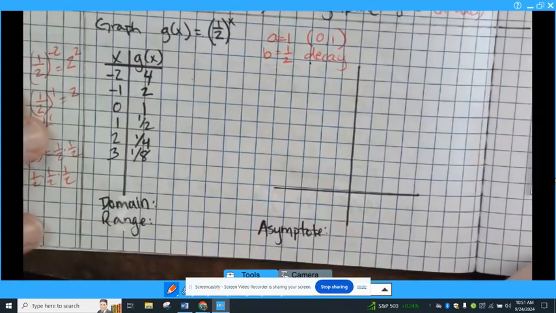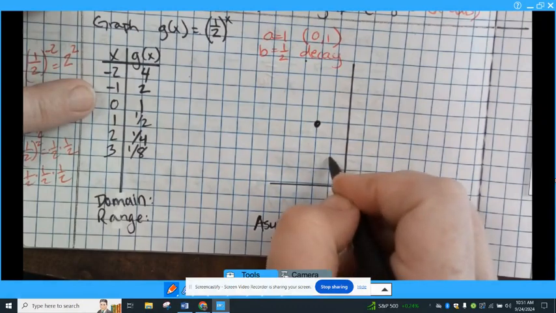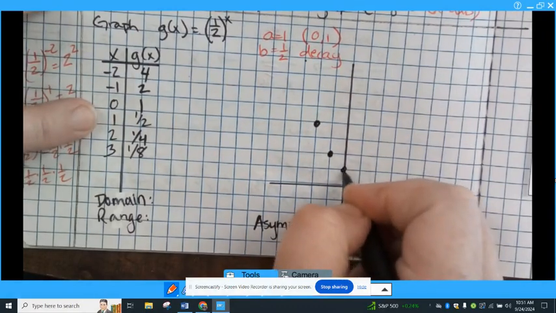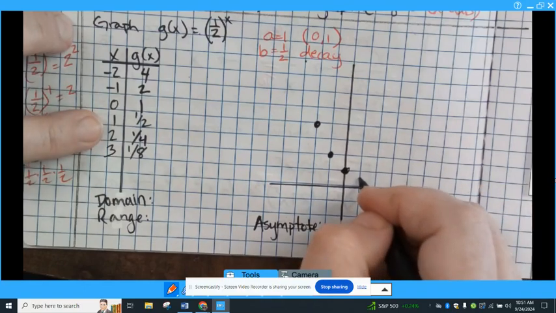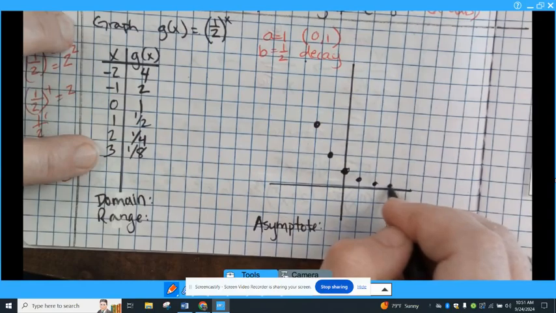So if we're going to graph this: -2, 4; -1, 2; 0, 1; 1, 1/2; 2, 1/4; 3, 1/8.